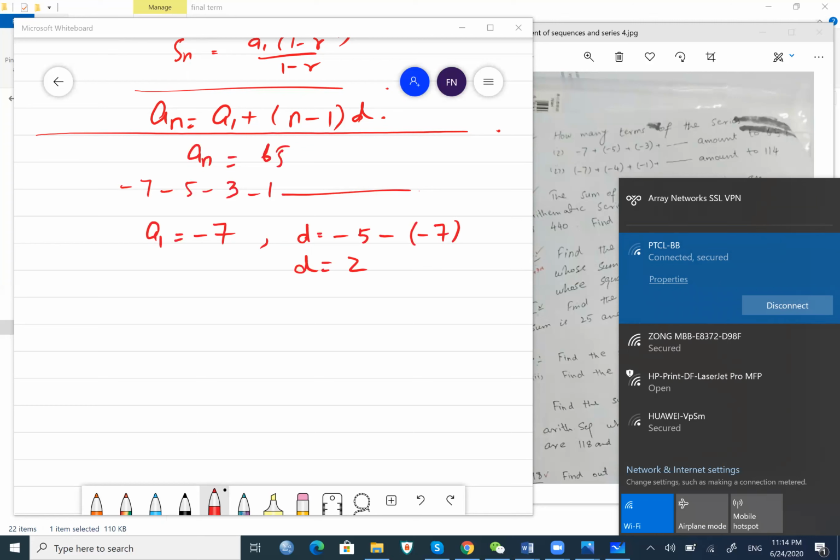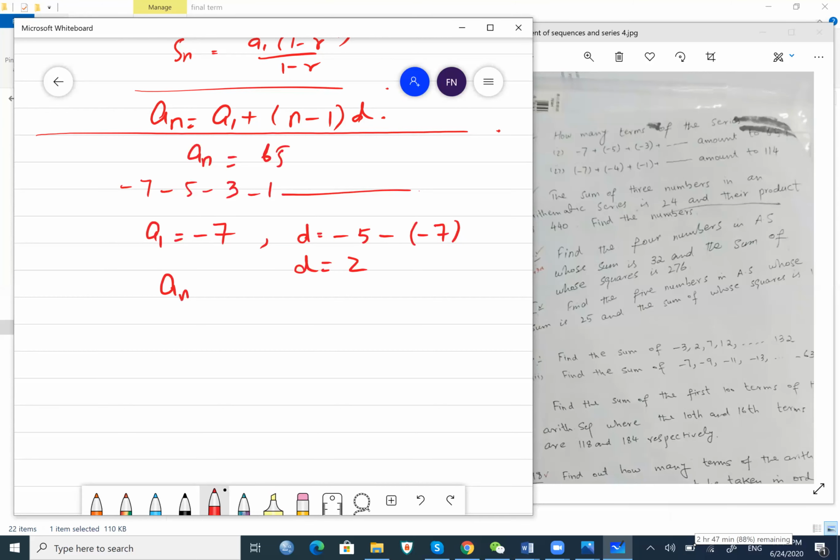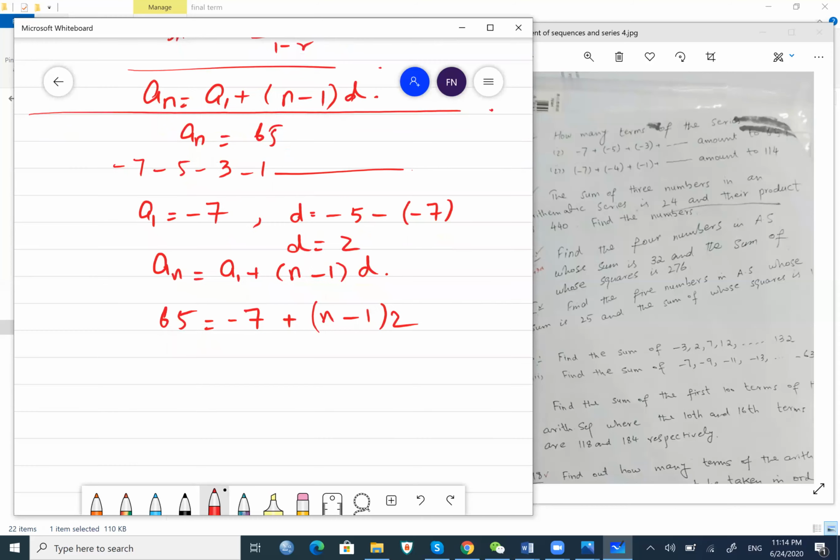So in that case, we will use an equals a1 plus n minus 1 times d. So an is 65, a1 is -7 plus n minus 1 times d. d is 2.